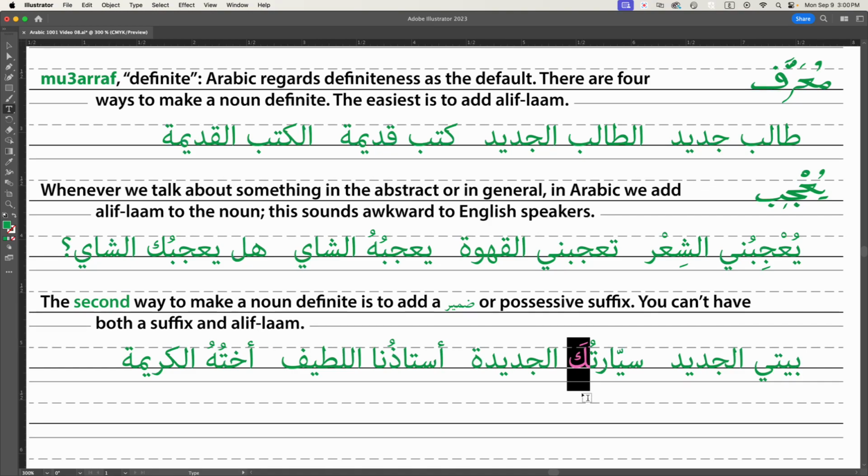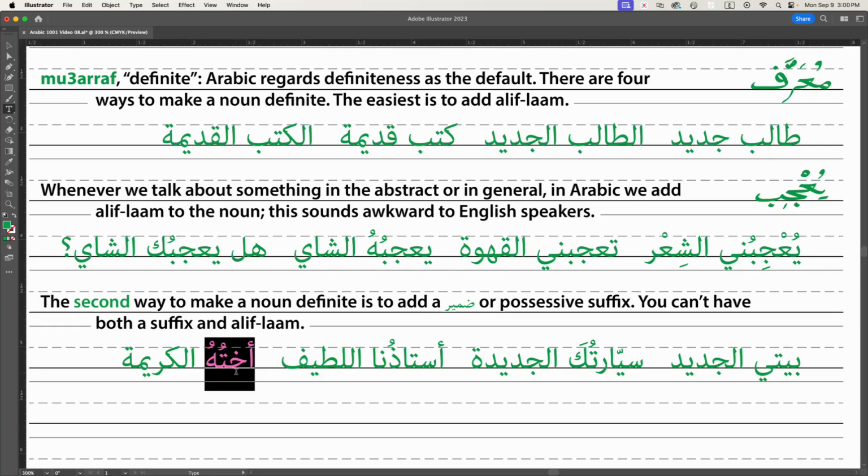And because it has a domir, it's definite or mu'arraf, so its adjective needs alif lam. Sayyaratuk al-Jadida, your new car. Ustad is professor. Ustadna, our professor, and that makes him definite. So his adjective, latif, for nice, needs to have alif lam on it as well.